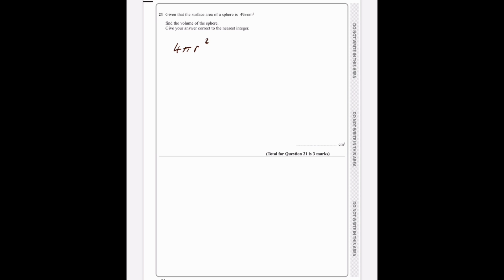Question 21, volume of a sphere and the surface area of a sphere. But the surface area of a sphere is 4 pi r squared, so we can equate that to 49 pi. The pi's will cancel, divide by 4 and square root. You'll get r is 7 over 2 or 3.5. And to find the volume, we'll substitute that radius into 4/3 pi r cubed.